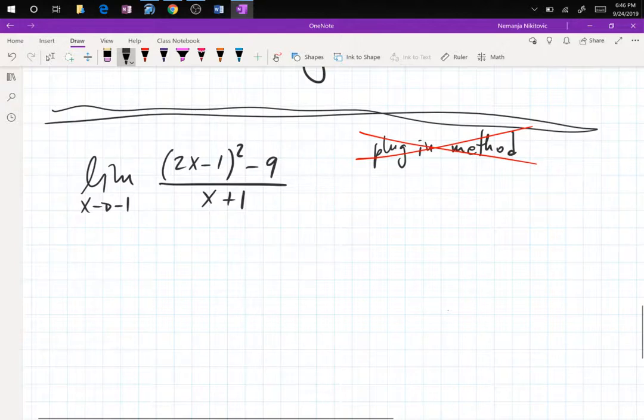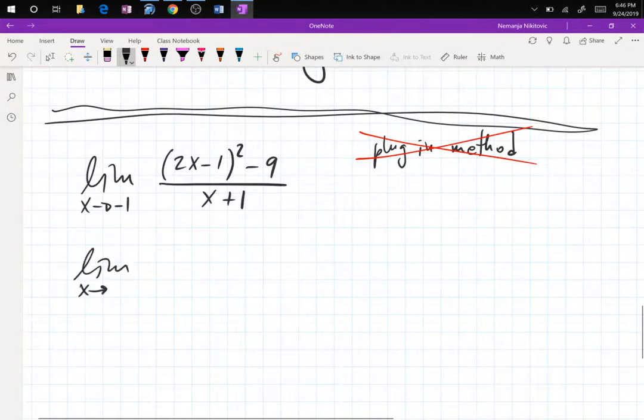That's the only thing I can think of, and if that fails, we can always use the chart of values. You can rise from the left to -1, fall from the right into -1, see what the left and right limits are going to, and if they go to the same value, we're done. But let's try and work out some of the algebra magic first.